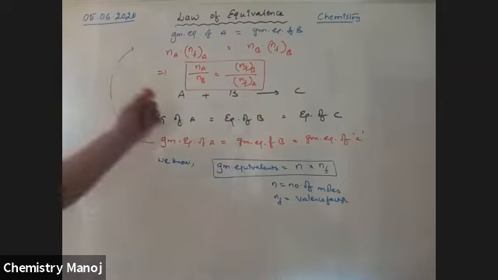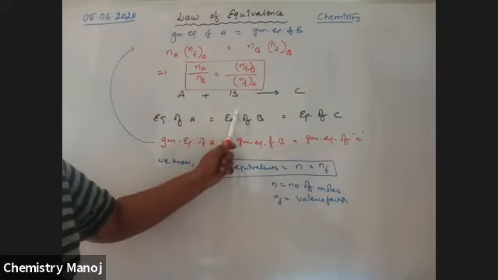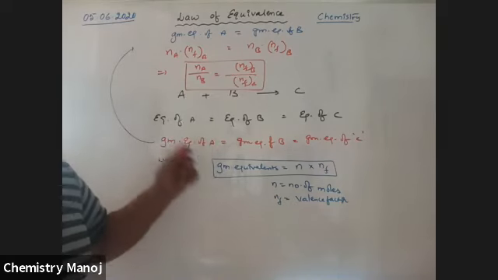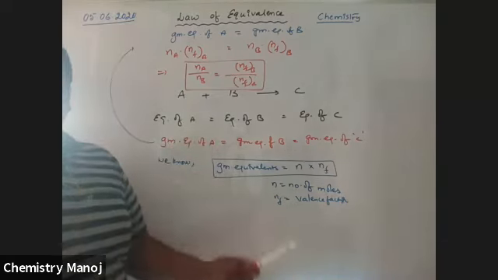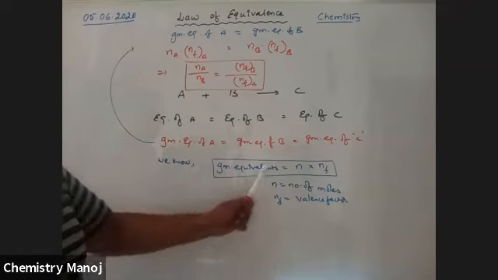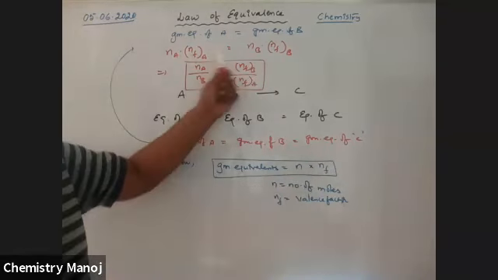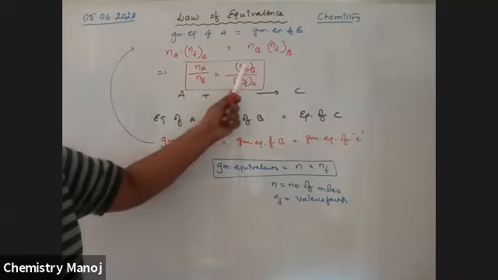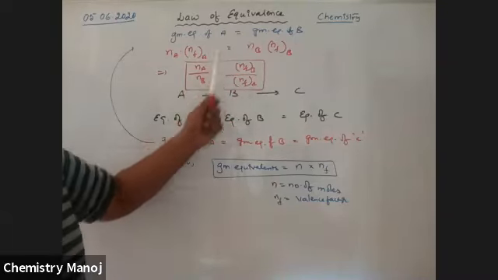So gram equivalents of one reactant must be equal to gram equivalents of another reactant. If two chemicals are going to react with each other, their gram equivalents must be equal. We know gram equivalents is n into n factor, so applying this, number of moles of A by number of moles of B is equal to n factor of B by n factor of A.